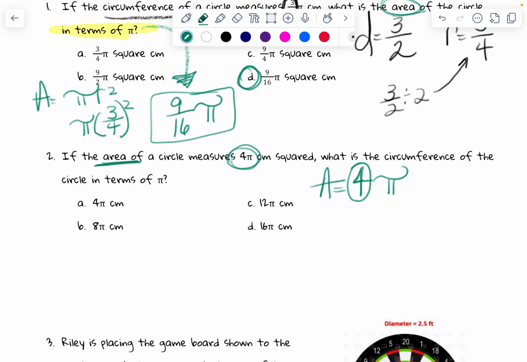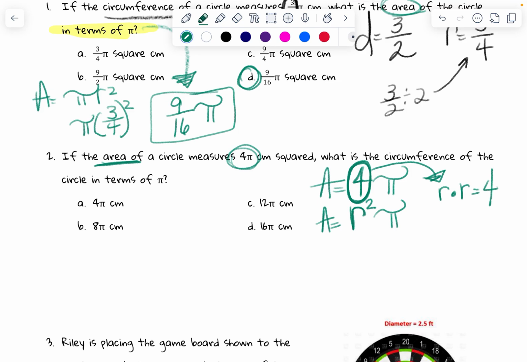That means that, remember, area equals r squared pi. So that 4 right there is r times r. So you've got to think about this 4 as r times r equals 4.